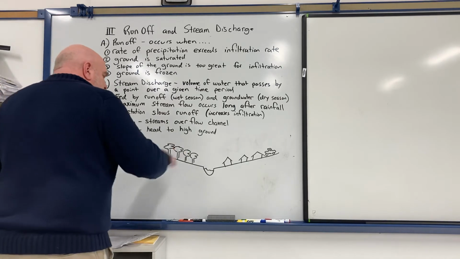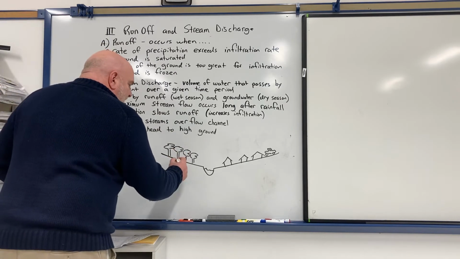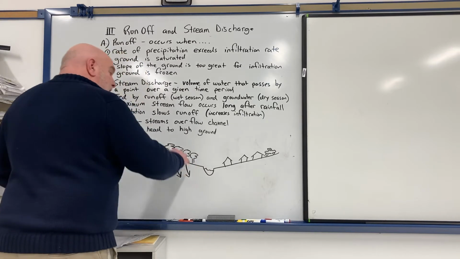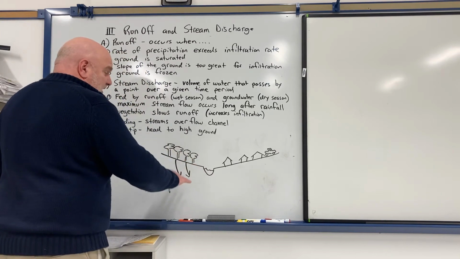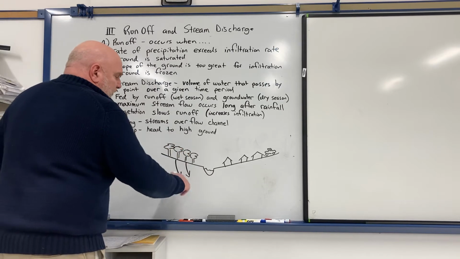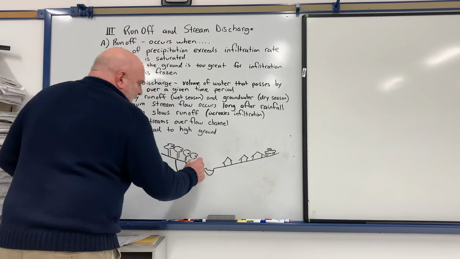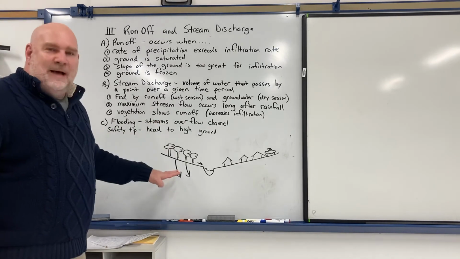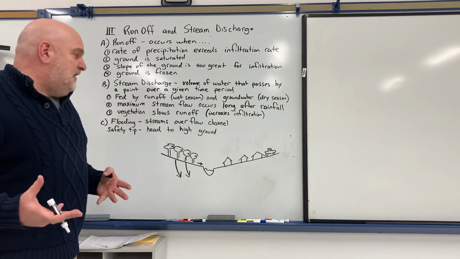And when the water's getting slowed down, that's going to give more of the water a chance to soak into the ground. So if there's a lot of vegetation, I get more infiltration, and then I don't get as much running off. All right? That's what happens if an area still has lots of vegetation.